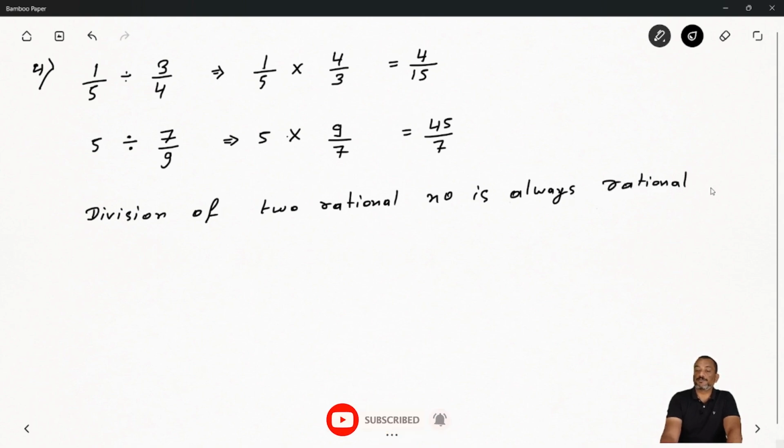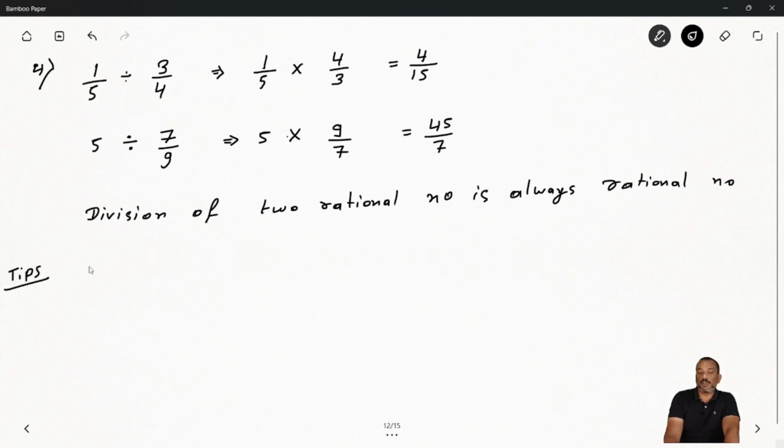Hope it's clear. But here you have one thing to understand. A rational number can be anything, positive or negative, so you have to follow one rule. I am writing one rule, that is tips, which you should always remember.